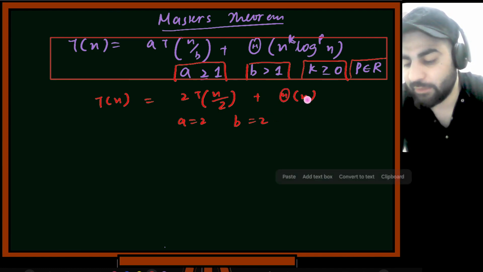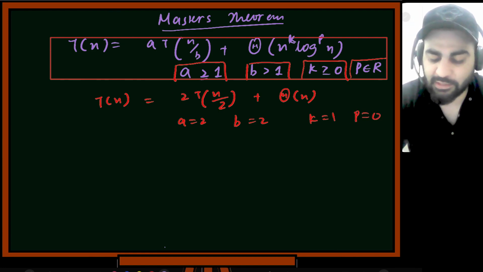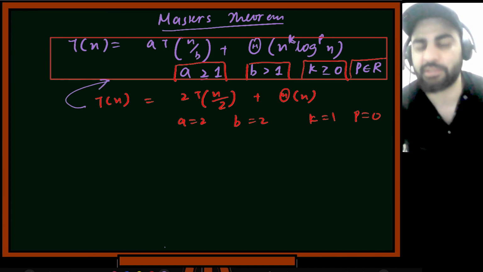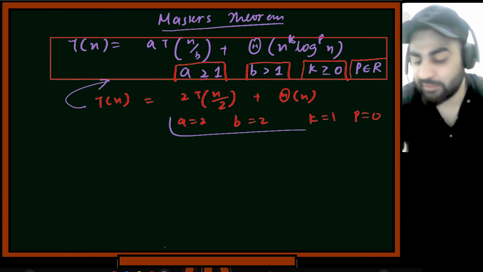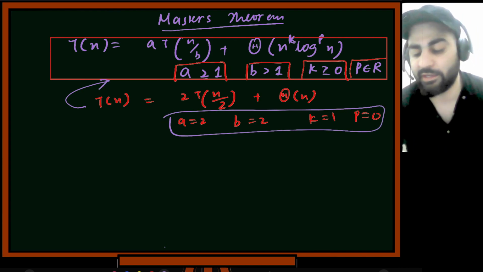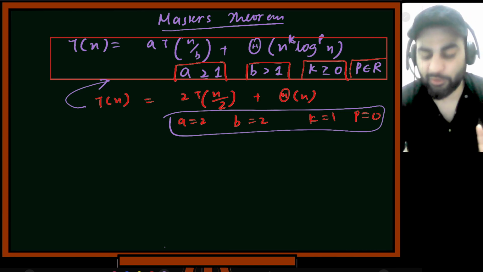Now here we have n, so n to the power k, k is equal to 1, and p is equal to 0. This is of the form from the master's theorem, and these values also follow the constraints. Are you able to understand this?